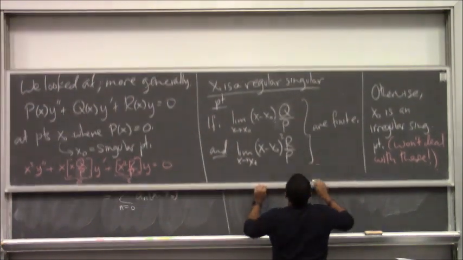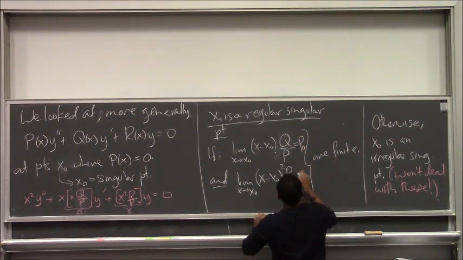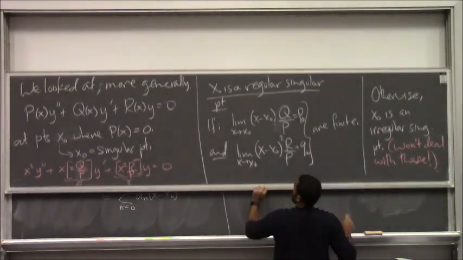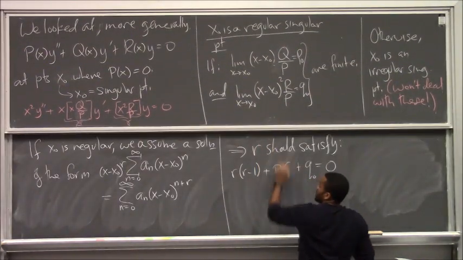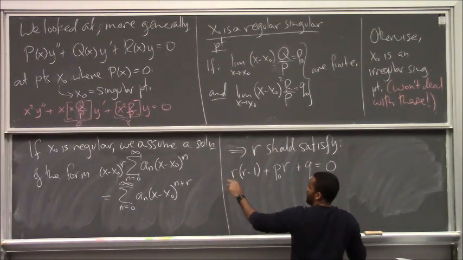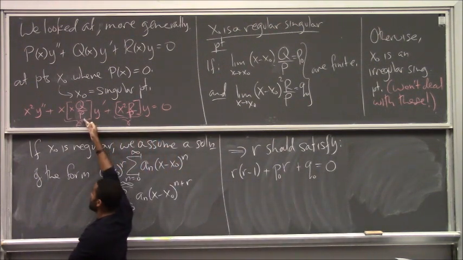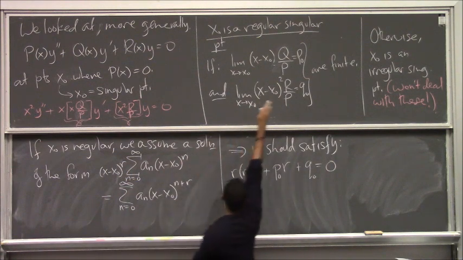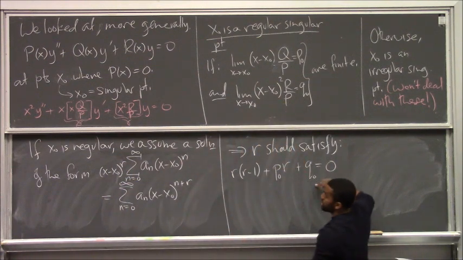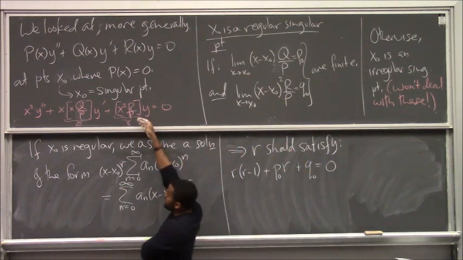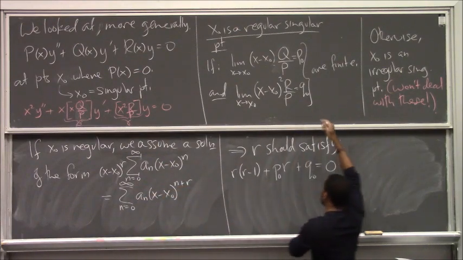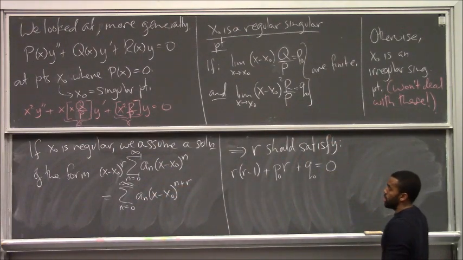I call this one p naught and that one q naught, because it looks like alpha r(r minus 1) plus beta r plus gamma equals 0, where this guy approaches beta, which is p naught, and this guy approaches gamma, which is q naught.